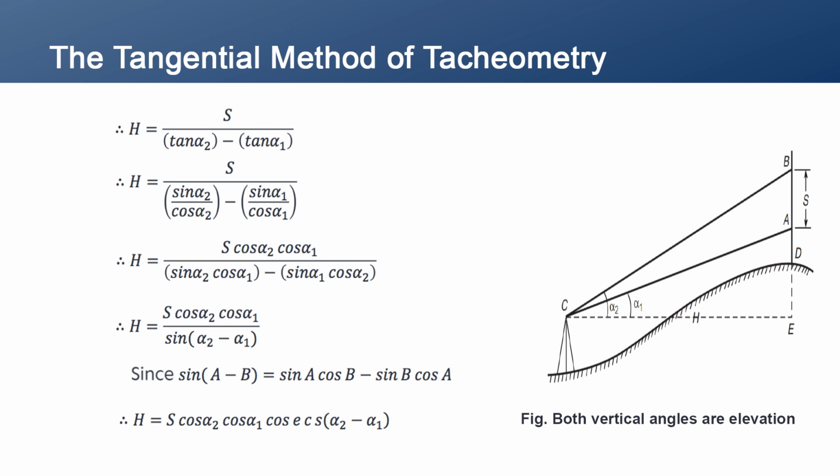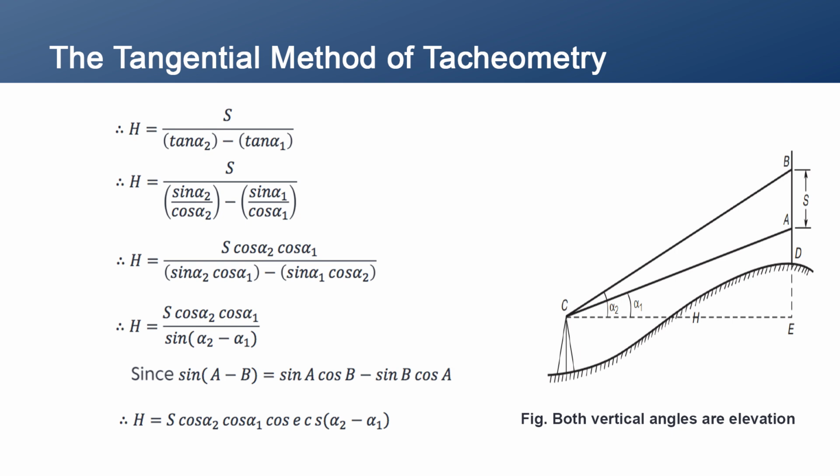We know tan is equal to sin by cos. H is equal to S by (sin alpha 2 by cos alpha 2 minus sin alpha 1 by cos alpha 1). With this, upon mathematical calculation, we get H is equal to S cos alpha 2 cos alpha 1 by (sin alpha 2 cos alpha 1 minus sin alpha 1 cos alpha 2).